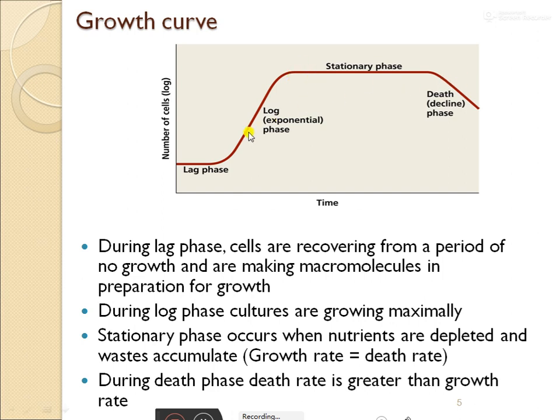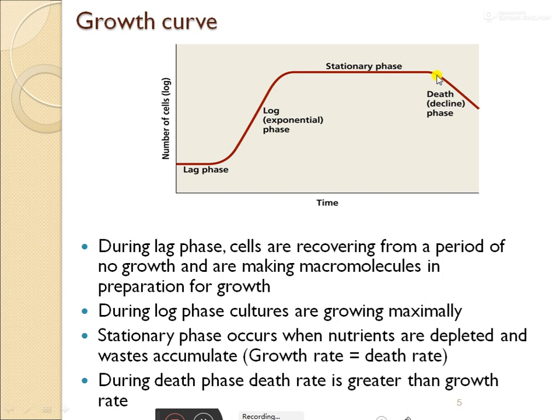At this phase, the number of cells which grow is equal to the number of cell deaths. That's why it gives a straight line, that is the stationary phase. It means growth rate is equal to death rate.